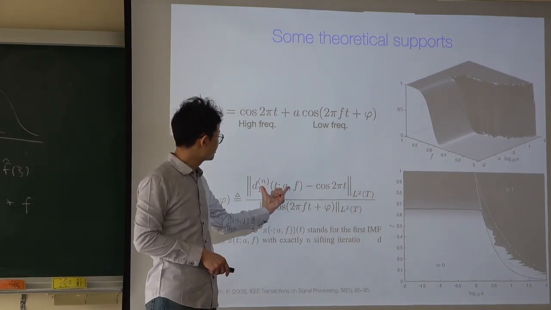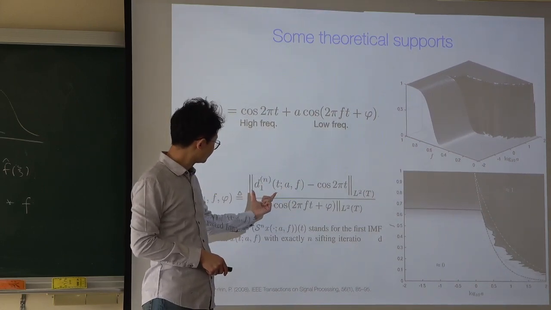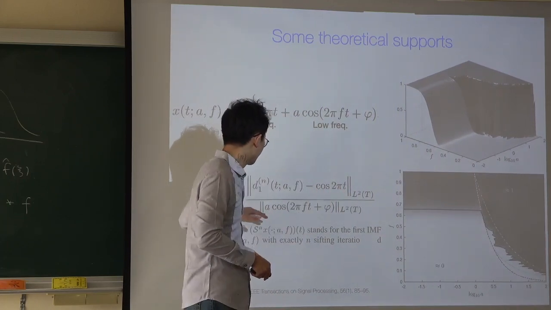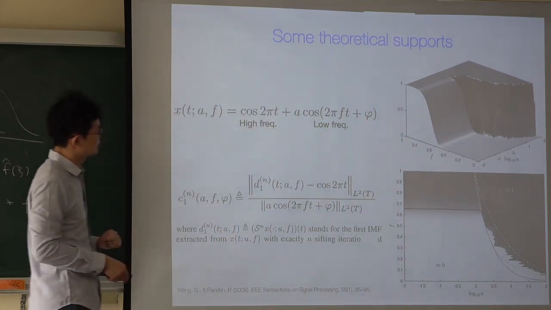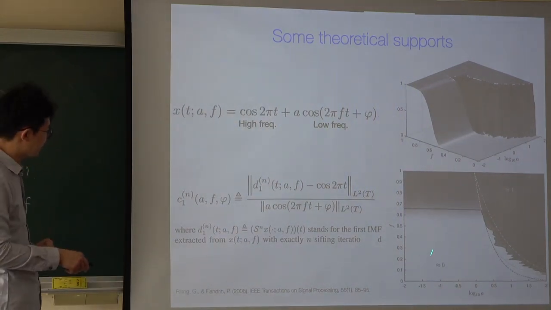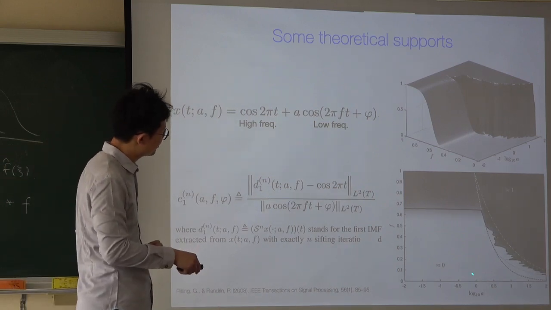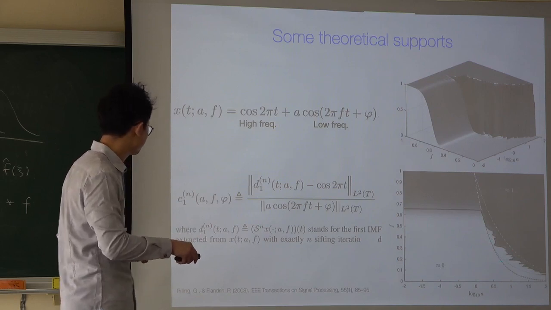So if you can get the high frequency one successfully, you subtract the true component and then divide it by the high frequency component. Then see what you get. On the right hand side, that is the result. It tells you there is a very, very nonlinear relationship.